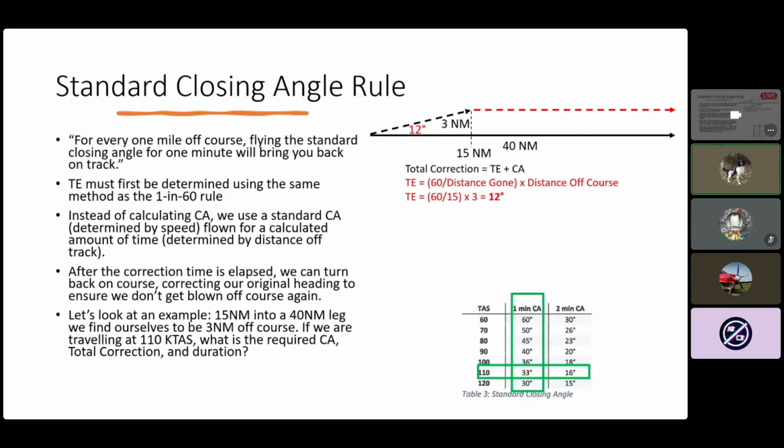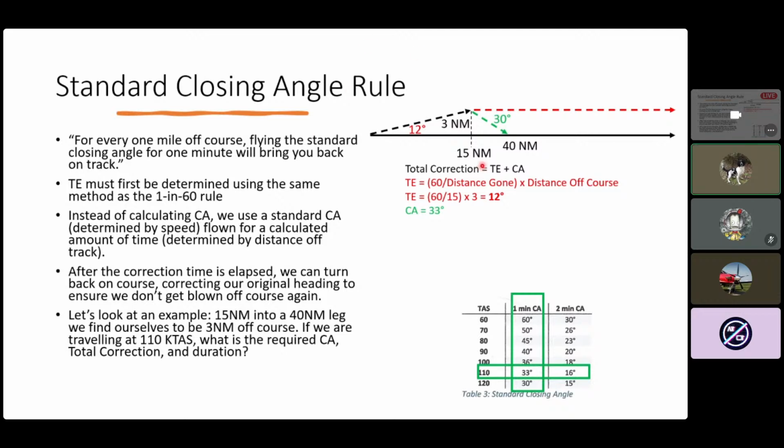And again, it depends on what you want to do. 1 minute's the standard that most people fly, I'm aware of. So that's it. Rather than having to calculate the closing angle, we just select it. We just memorize it. If our airplane does 110 knots true airspeed, then we know that the closing angle is 33.